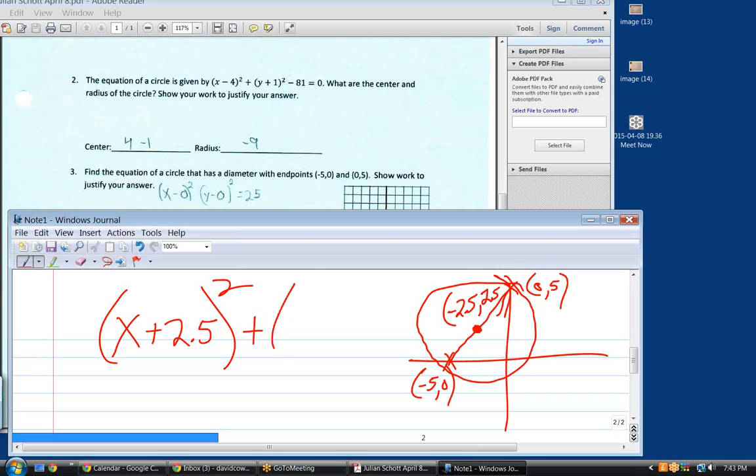And then what's the y part? Is it y minus a minus 2.5 again? No, this y is positive. Oh, okay, so y minus the positive 2.5, squared. And what's the radius of the circle? 5? If it's 5 from here to here, and 5 from there to there, what's the length of that hypotenuse?